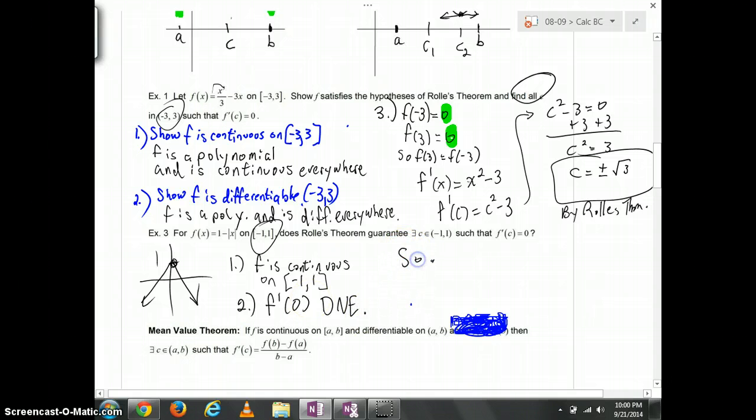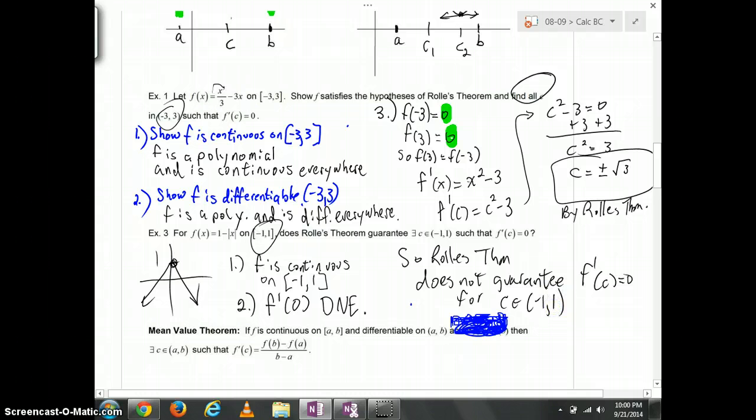So Rolle's theorem does not guarantee that the derivative must equal 0 for some value of c on that open interval.